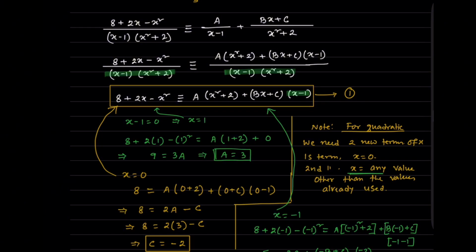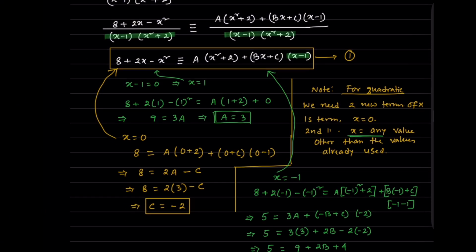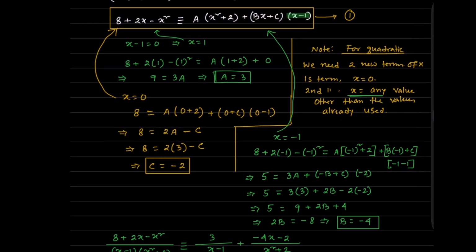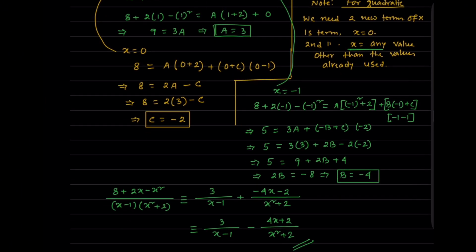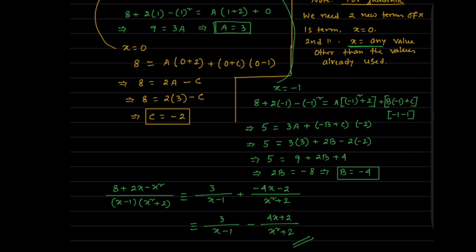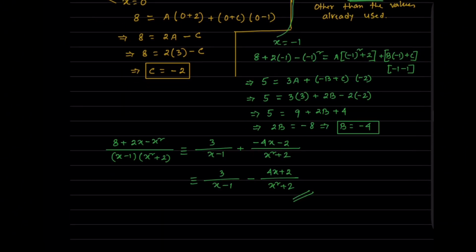You have to remember that in case of a quadratic, you have to take 2 new values of x. One is x equals 0, another is any value of x other than the values you have already taken. If you remember these few things, the problem is pretty simple. You just have to remember the steps and you can get your result for partial fraction.